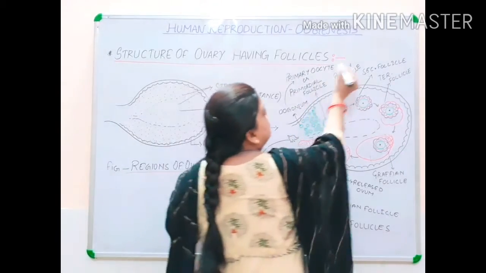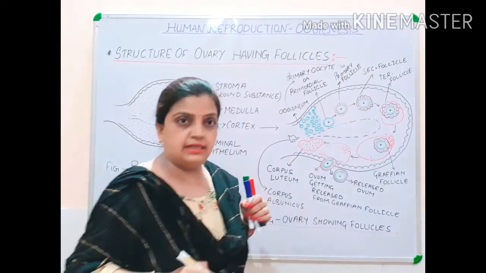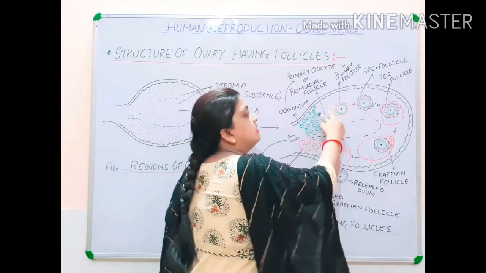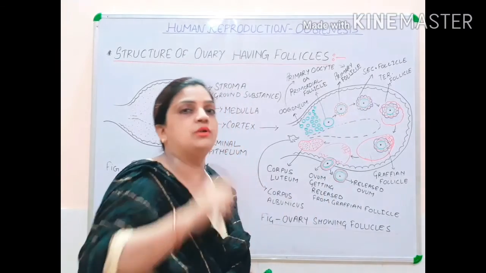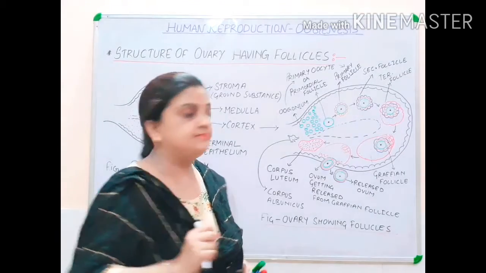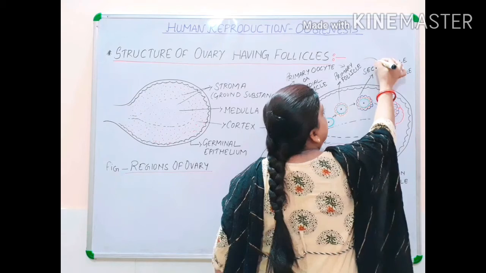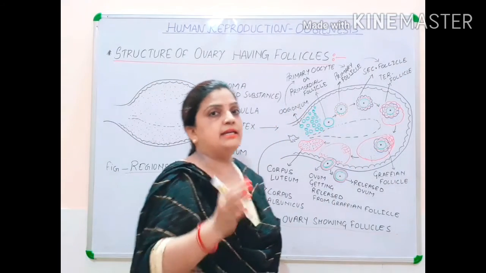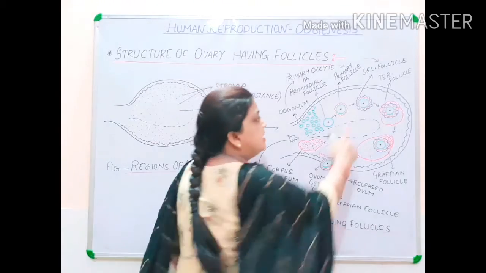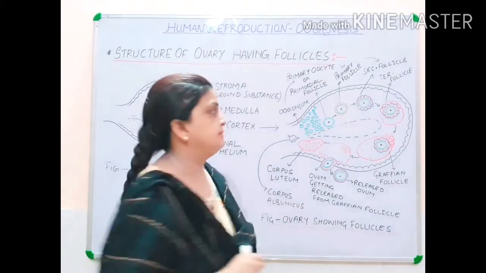Now this primary oocyte will change into the primary follicle. How? When the granulosa cells get enclosed around the primary oocyte. Then again this primary follicle will change into the secondary follicle. How? Again by getting enclosed by the second layer of granulosa cells.